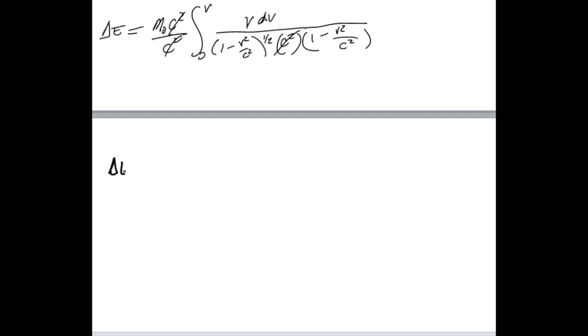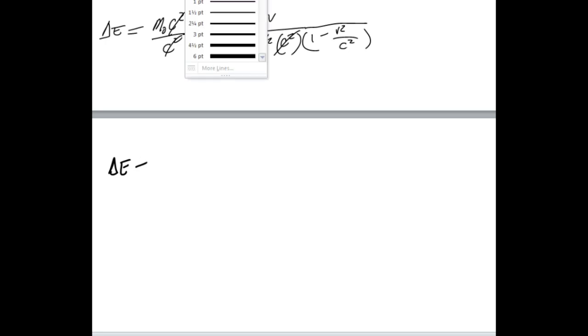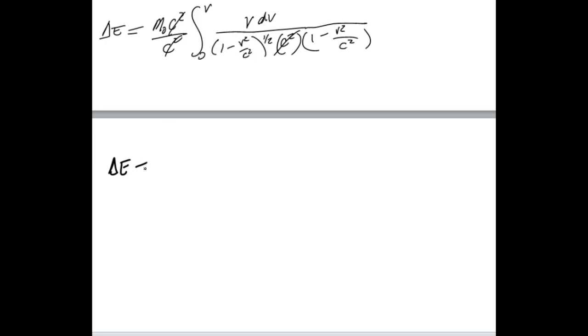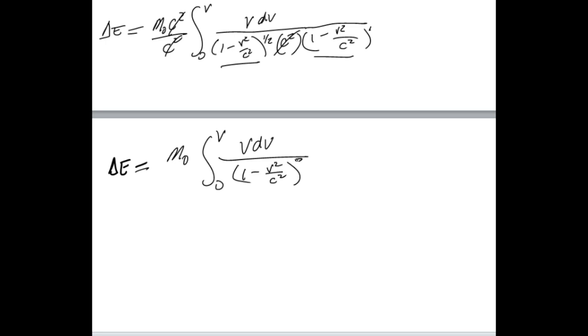So change in energy is equal to m naught times the integral from 0 to v of v dv divided by, and this is a 1 here, so when I multiply this term times this term, that comes out to be 1 minus v squared over c squared raised to the power of 3/2.